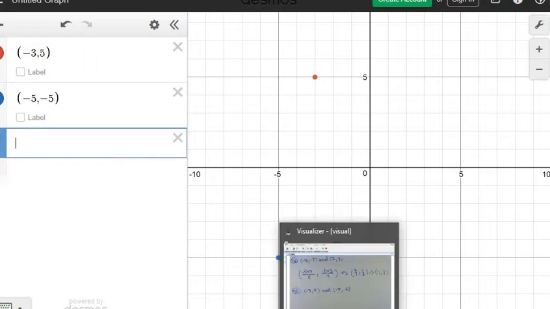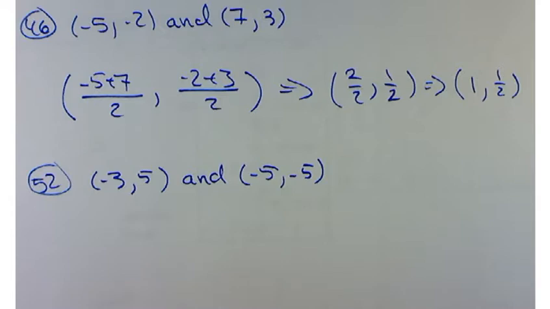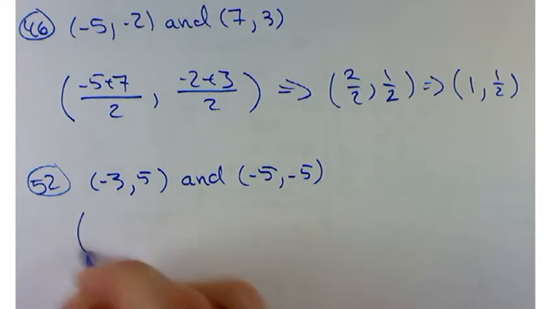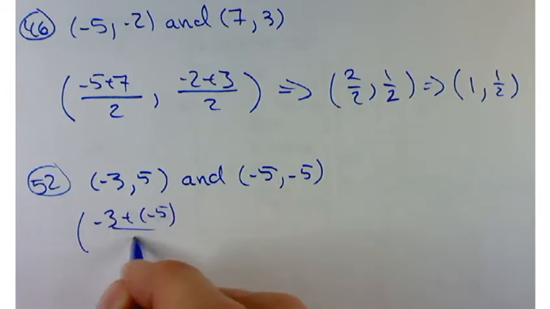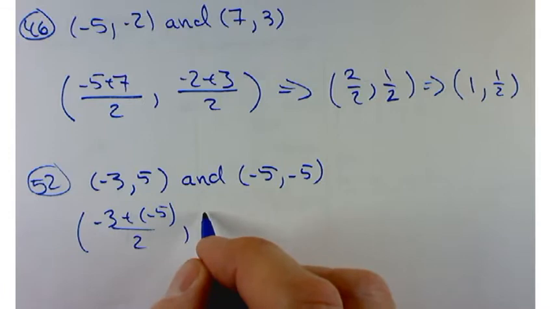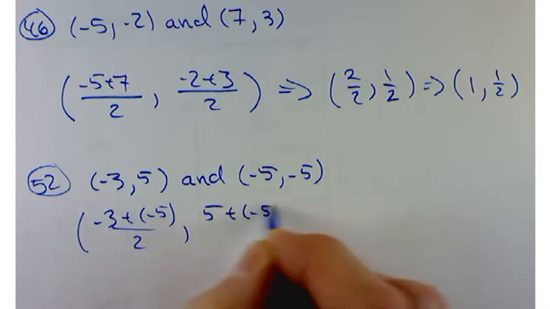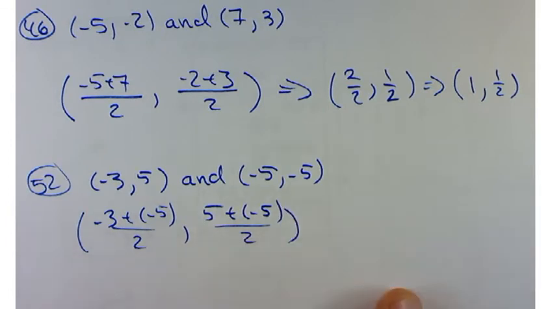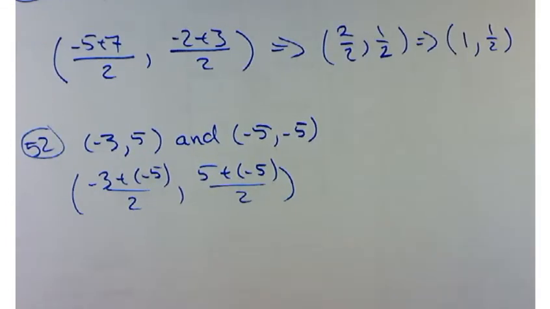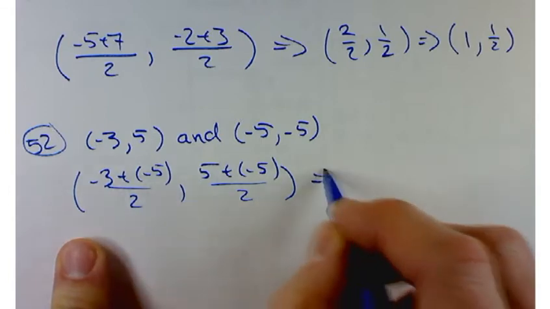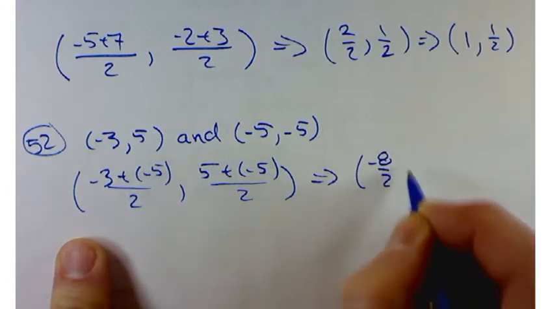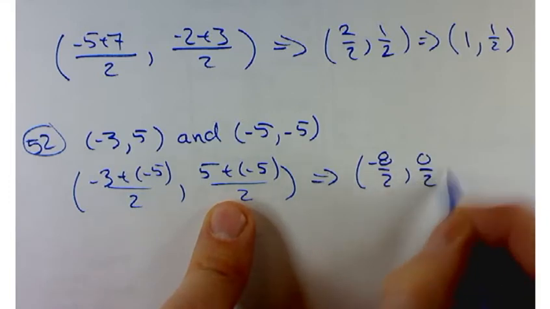So let's go back over here. What'd you get on this one? Let's see. 5 plus -5. So the first case, thank you, -8 over 2 and 0 over 2.